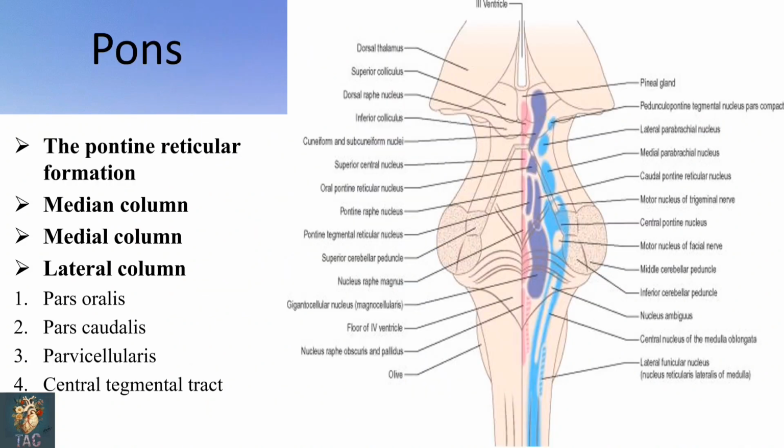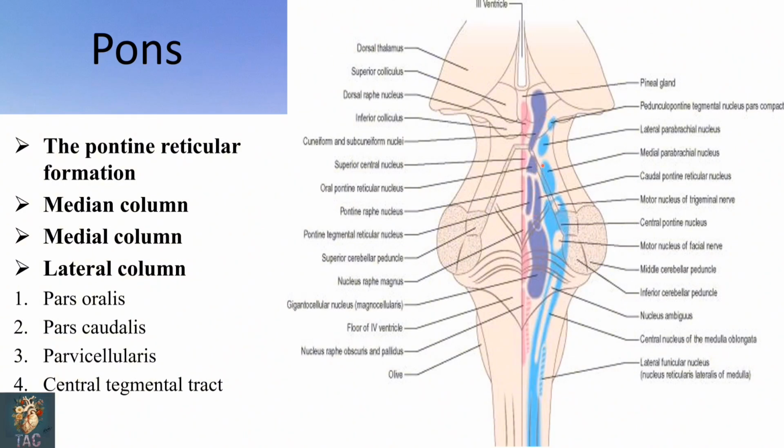So here is another diagram showing you the different groups. In the center you can see the median group, also called the nucleus raphe. In purple color you can see the medial group. This is the gigantocellular group present in the medulla oblongata, the central tegmental tract, and nucleus caudalis and nucleus oralis of the reticular formation present in the pons.